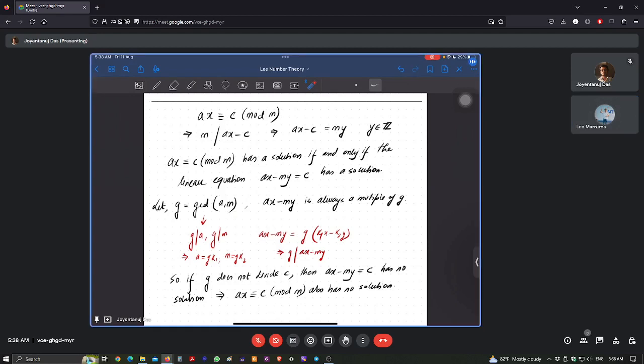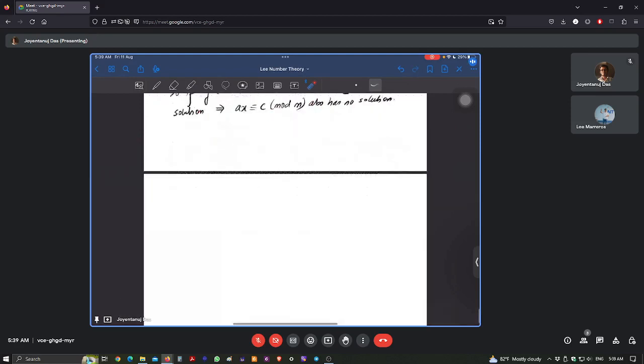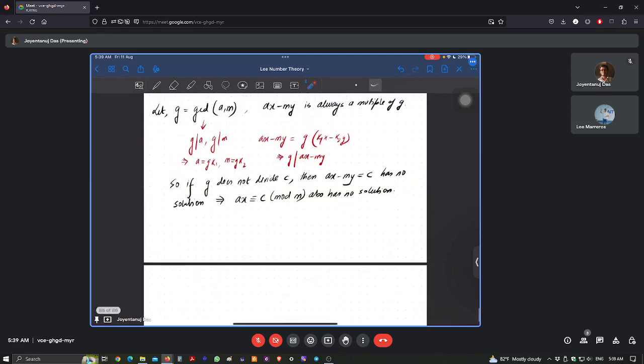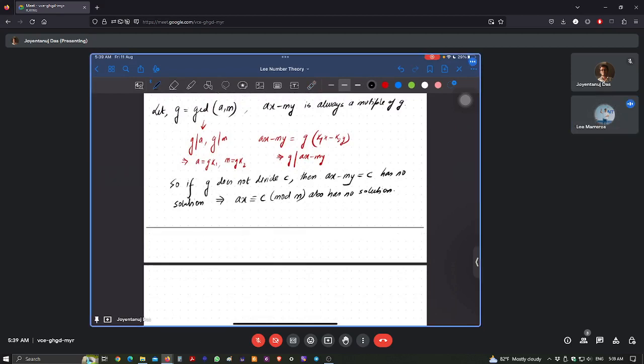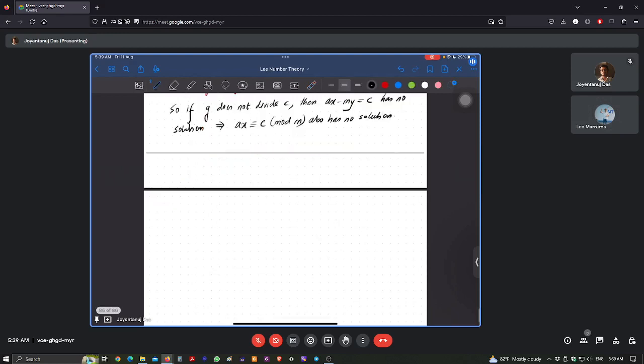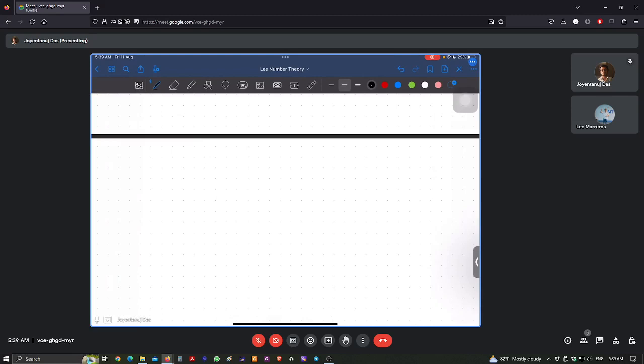Okay. So the next part is, now we assume that G divides C. We saw that if G does not divide C, then there is no solution. So next we assume that G divides C. Then how do we give a solution?